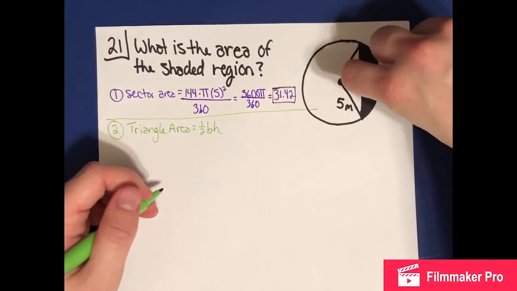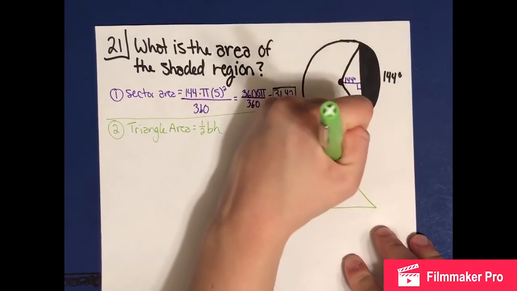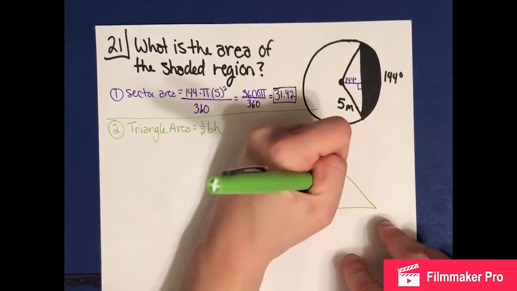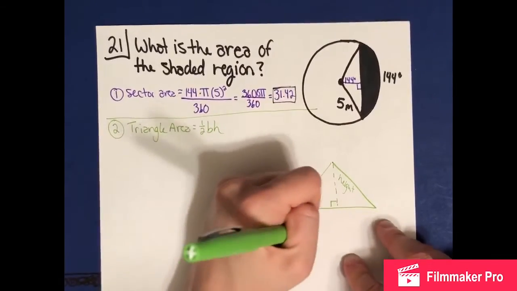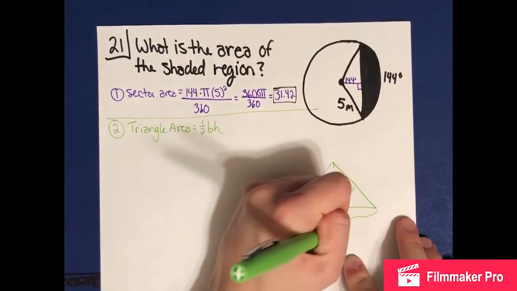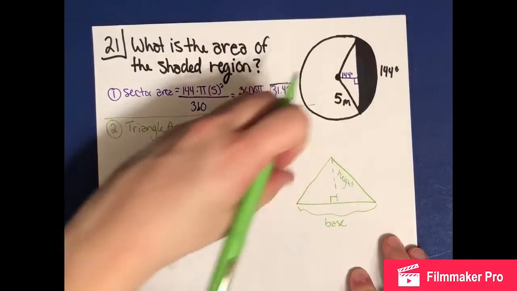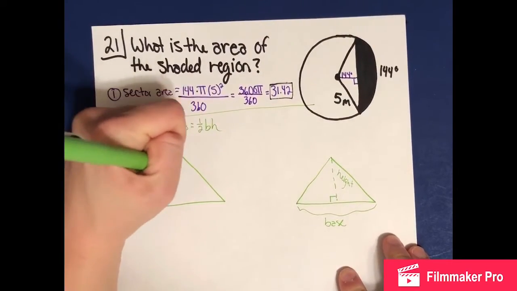So I have this. I'm going to turn it. It's going to end up being cut by a perpendicular bisector. Height is here. This is the base. And I'm just going to redraw this triangle also here.